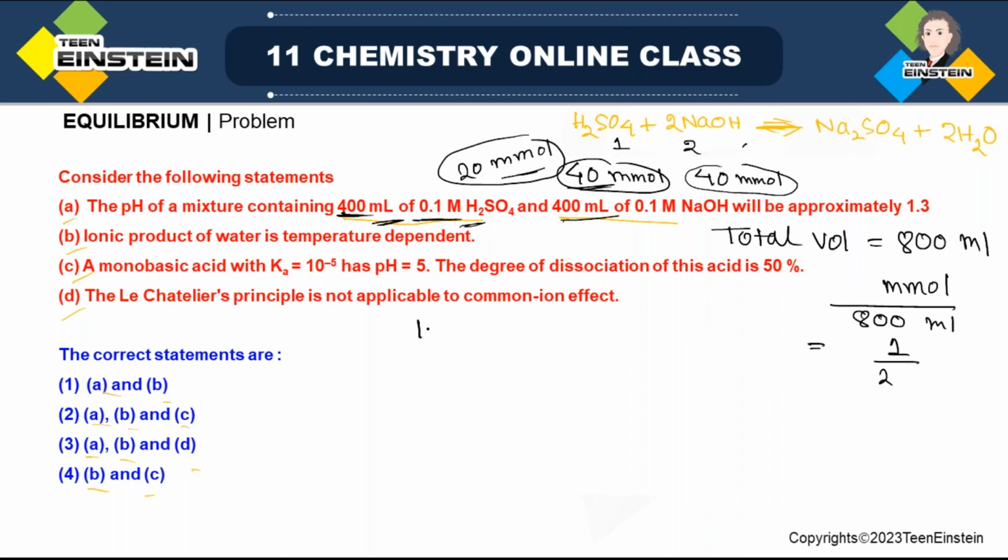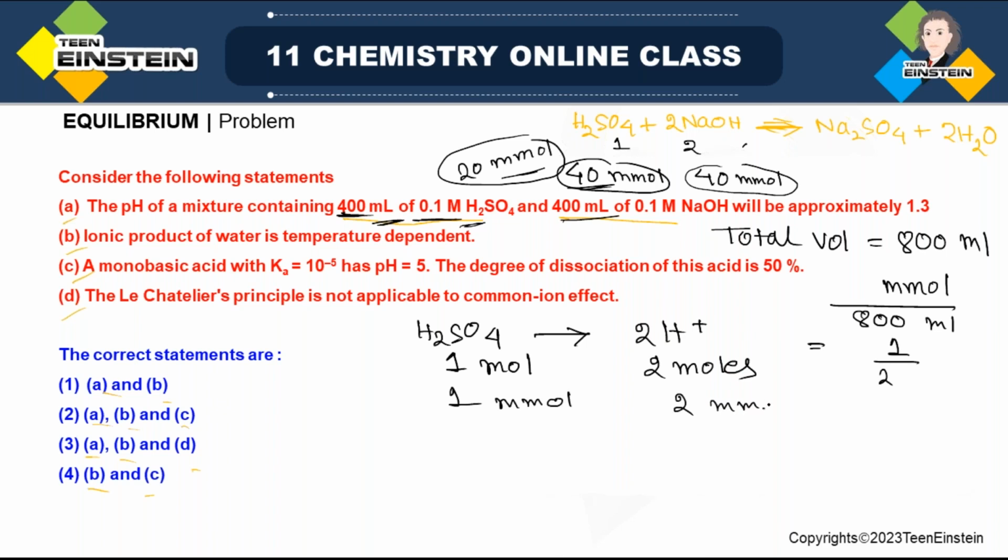But from 1 mole of H2SO4 we get 2 moles of H plus. In terms of millimole, from 1 millimole of H2SO4 you get 2 millimoles of H plus. So to know the concentration of H plus, you have to double the number of millimoles of H2SO4.